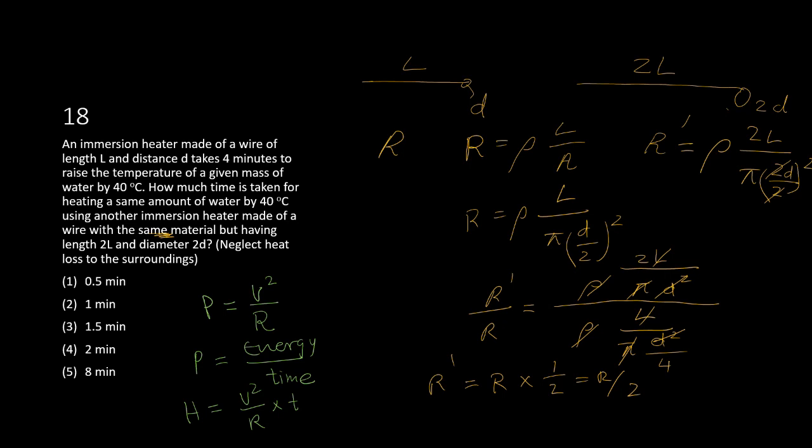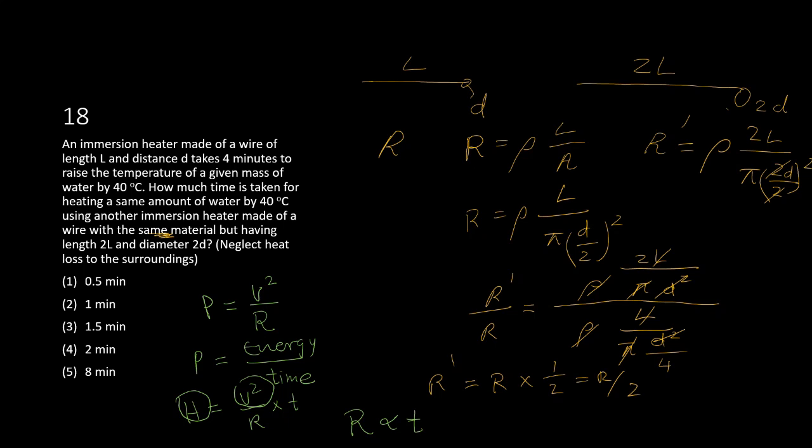Here they are saying we need to heat up the same amount of water by 40 degree Celsius. So the heat needed for both the processes should be the same. So you can see from this relation that if this is constant, this is also constant. You can see that the resistance R is proportional to the time taken for that process to happen.